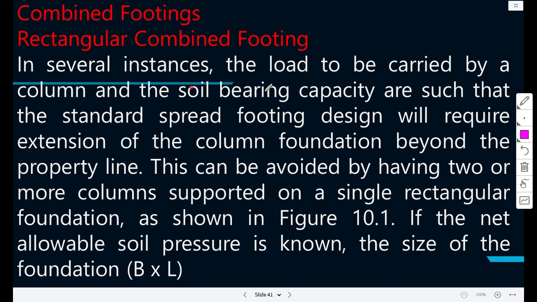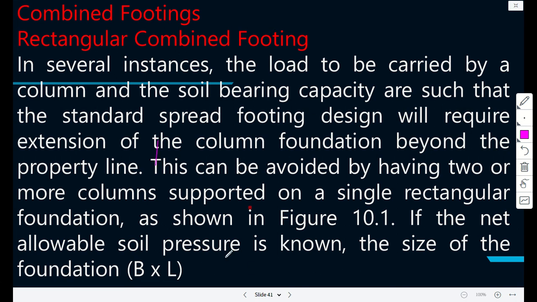In several instances, the load to be carried by a column and the soil bearing capacity are such that the spread footing design will require extension of the column foundation beyond the property line. This is very common also in Nairobi, because you put your column at the property line, and you cannot extend the foundation to someone else's property.